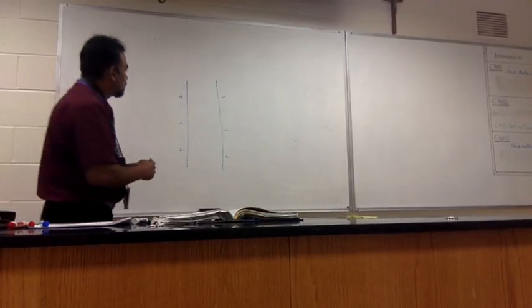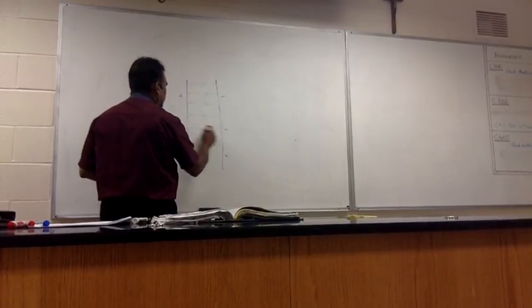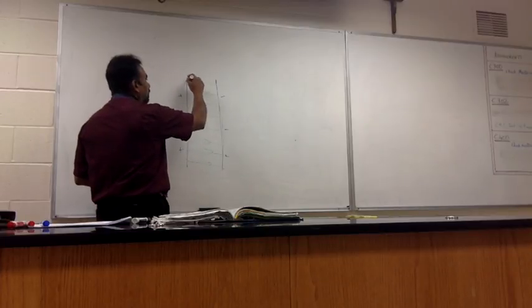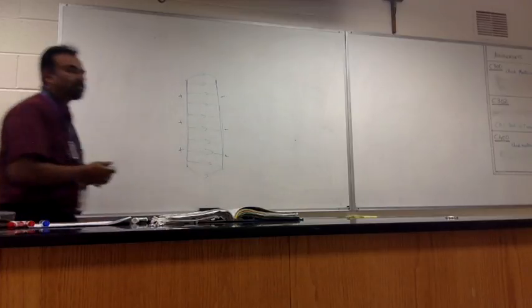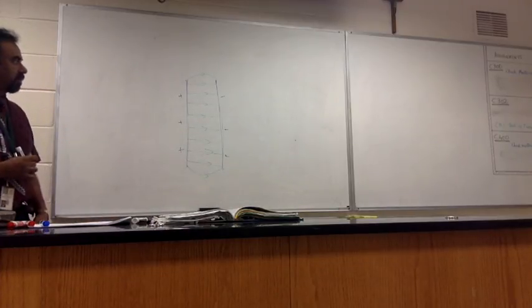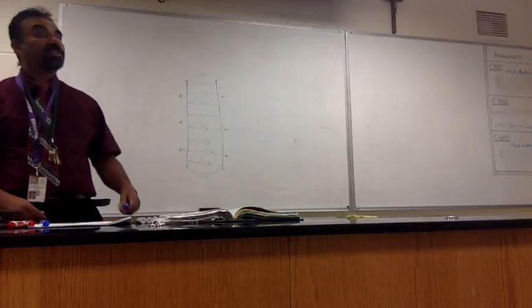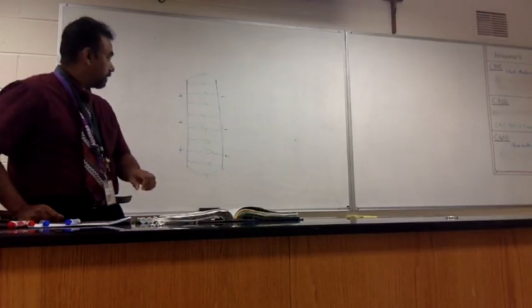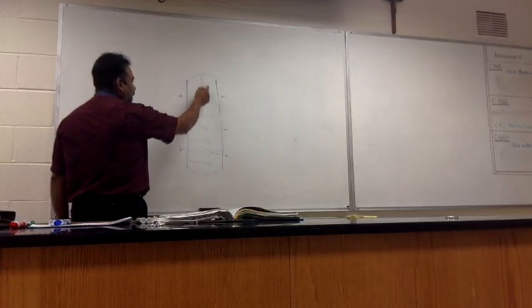The field lines run from positive to negative, and you can see the curvature. What about the equipotential lines? Perpendicular to that, you're going to have perpendicular lines. So you can have an equipotential line here.